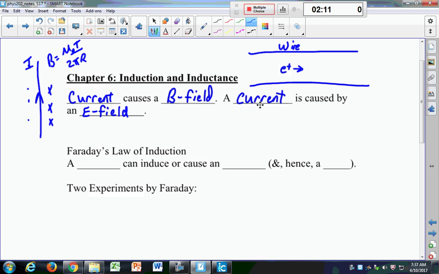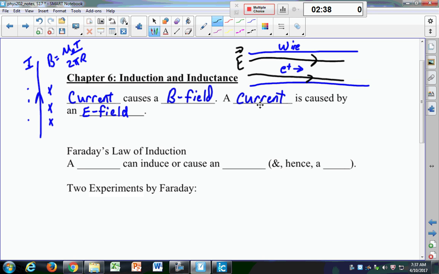What's causing them to move is that there is actually an electric field that's set up within the conductor. So we have this electric field that is causing these charges within the wire, we call them protons, but really they're electrons, to move within that wire. And so at its very basic level, a current is created by an electric field.